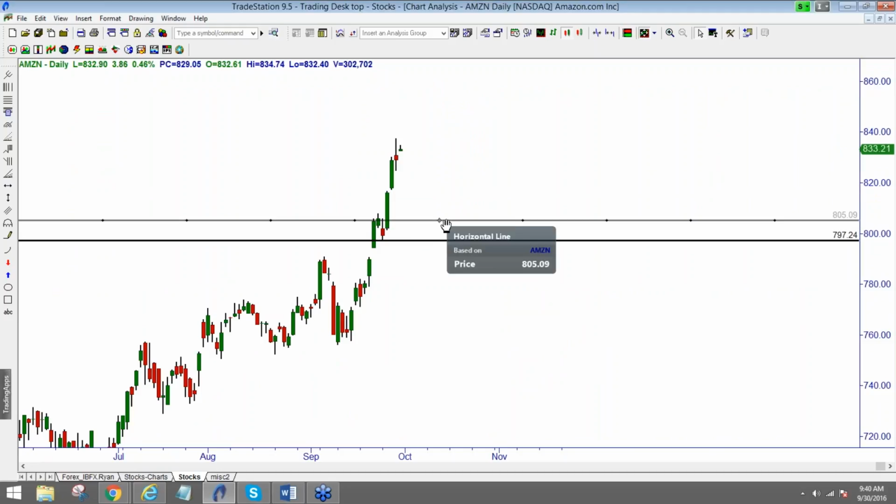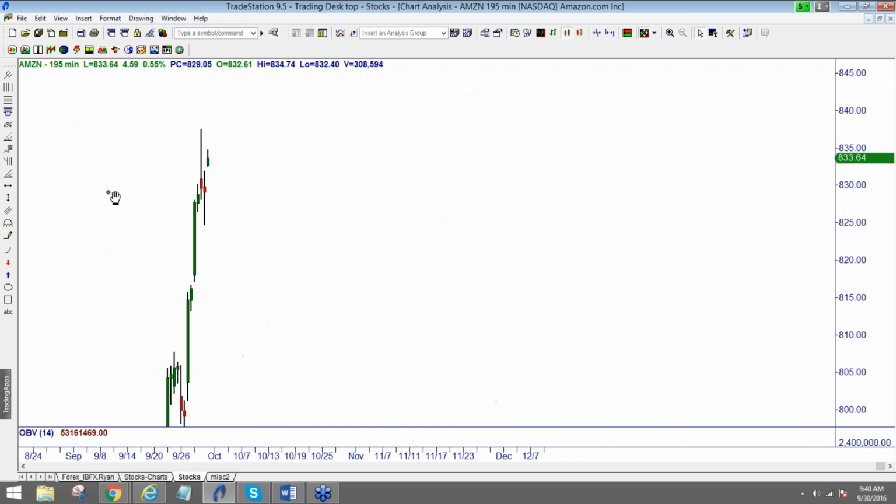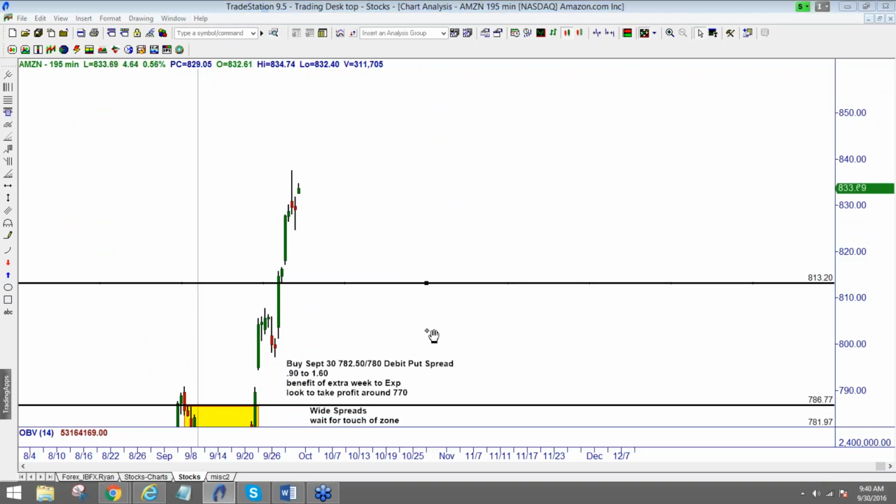Let me make this a little bit larger so we can see it easily enough. Yeah, a little area to get long on Amazon from, but as far as shorting it, I don't think we have anything that's worthwhile. Sorry, that's some old option stuff below.